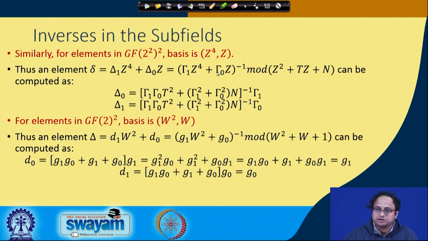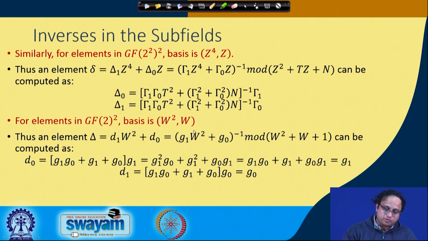These gammas are capital to denote that they are in the base field. And then I do a whole power of inverse, but my polynomial is now z squared plus tz plus n. Again, you can observe that I can write my delta 0 and delta 1 in a similar fashion, but these inverses now are in GF 2 power of 2.